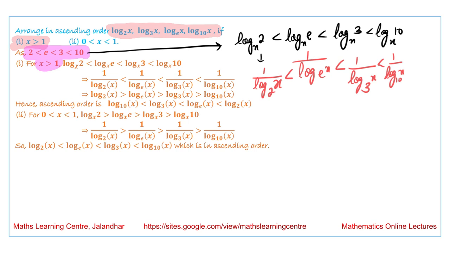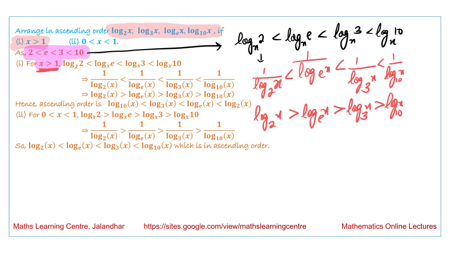So this gives us that log_2 x > log_e x > log_3 x > log_10 x, because we know that the log function is monotonically increasing when x is greater than 1.